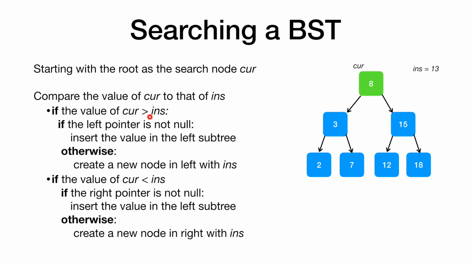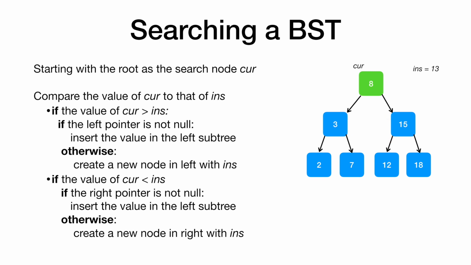If the value of the current node is bigger, then depending on whether or not the left child is null, we're either going to create a new node right there with our new value, or we're going to recursively call insert on that left subtree. Similarly, if the current value is less than the insert value, then we're going to recursively call on the right child or create a new right child.